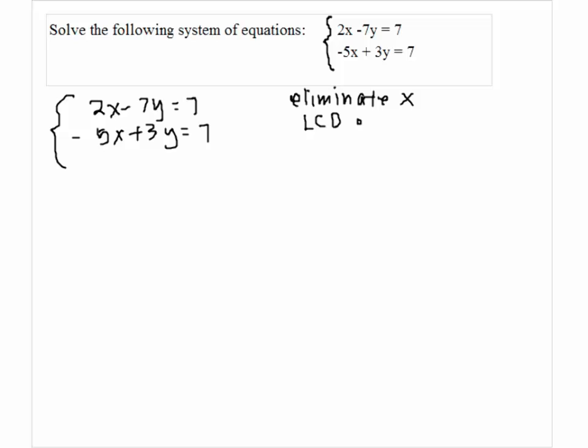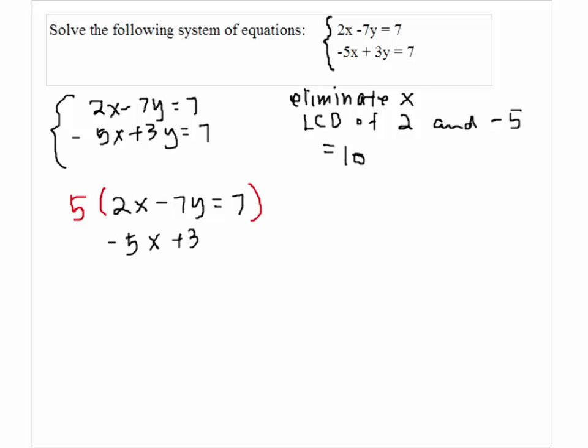Now, we're going to find the LCD of 2 and negative 5, which are the coefficients of x. So the LCD would be 10. So we want to make 2x into 10x and negative 5x into negative 10x, so that when we add both equations, we get 0x. So we're going to multiply the first equation by 5.